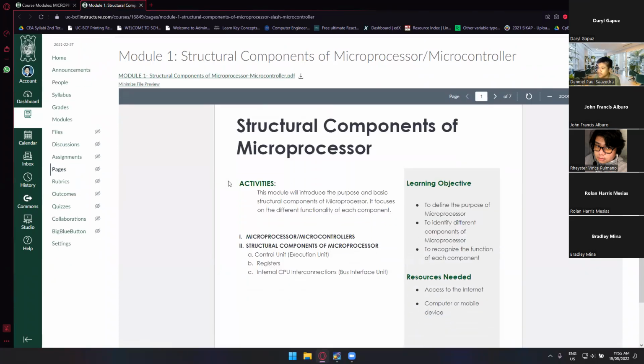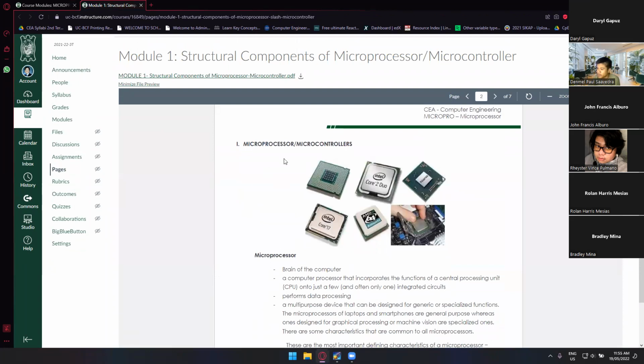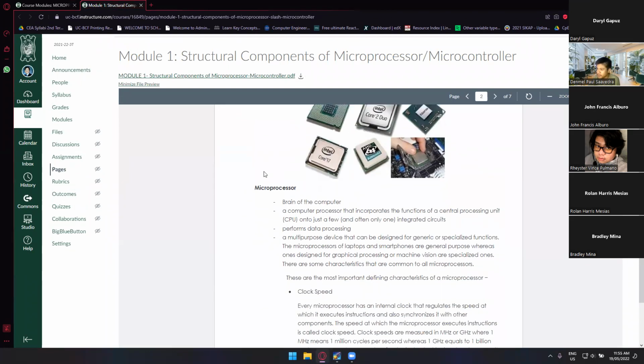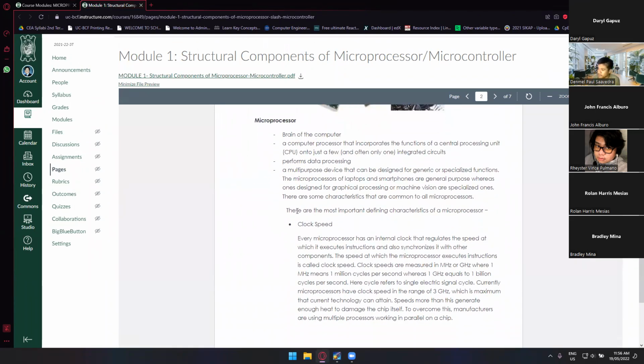All right. Similar to what you saw in the topic learning outcomes, that is it already for page one. I will not go over the differences of a microprocessor and microcontroller anymore. Let's just go over the most important defining characteristics of a microprocessor.